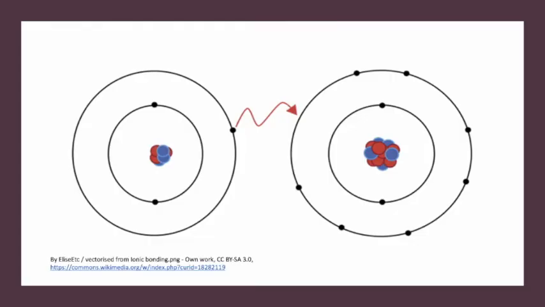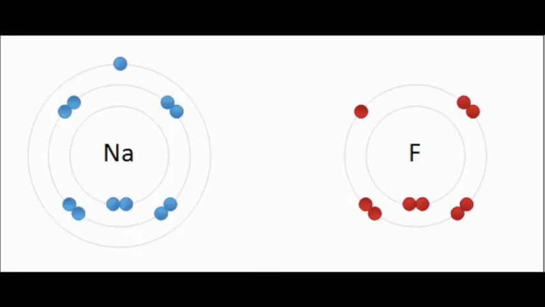Now let's talk about ionic bonding. Many elements tend to lose or gain enough electrons to have full outer shells, and one way they can do this is to take electrons from or give electrons to other atoms. When they gain electrons, they become anions, and if they lose electrons, they become cations.